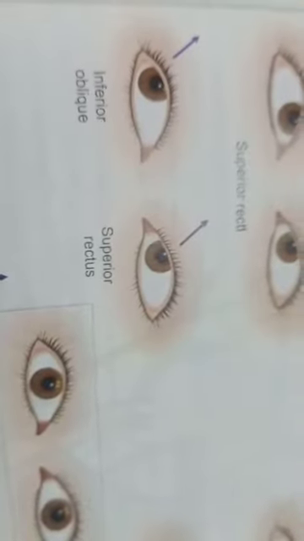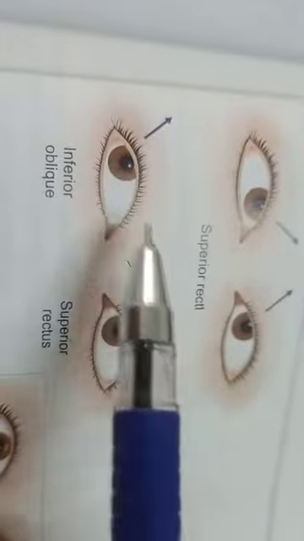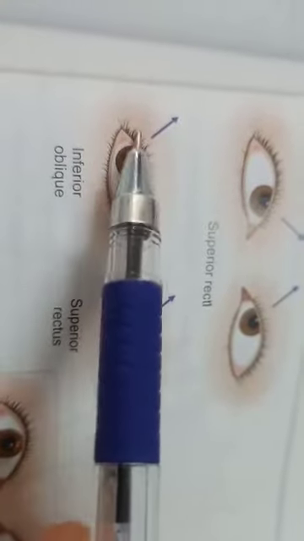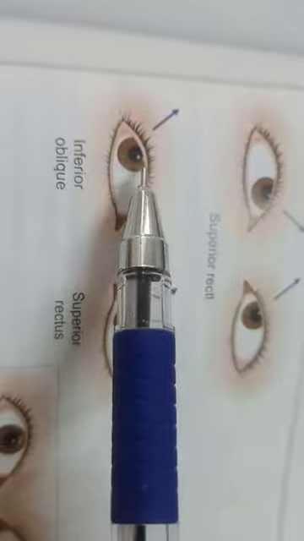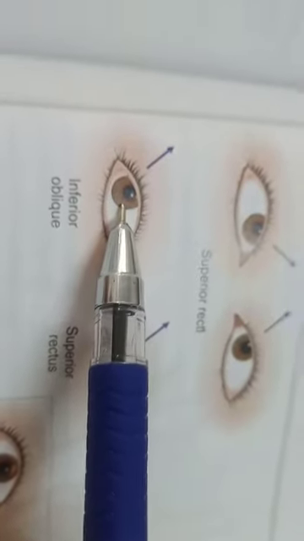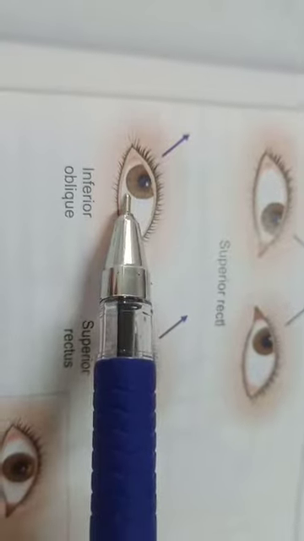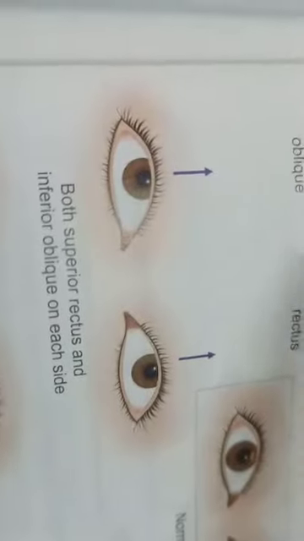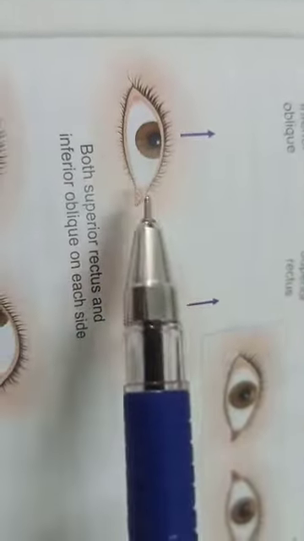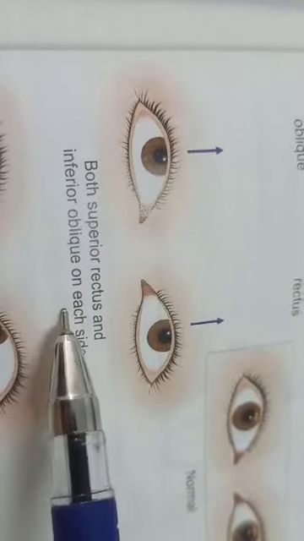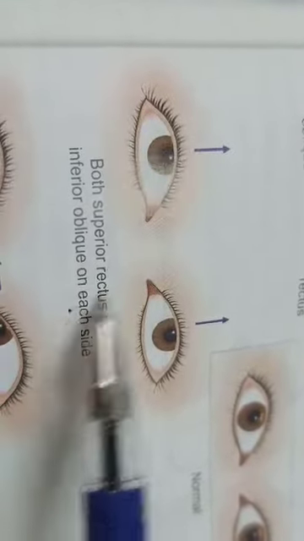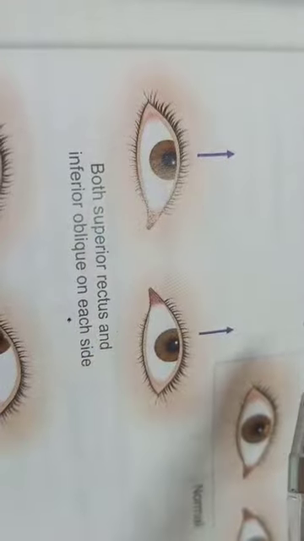So we'll see the movement. This movement is known as extorsion. This is by the superior oblique muscle and also inferior oblique plus superior rectus muscle. Both superior rectus and the inferior oblique muscle of each side help in the extorsion.